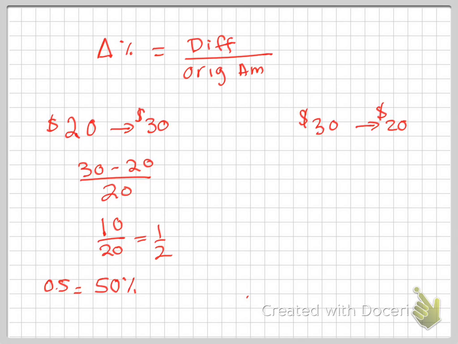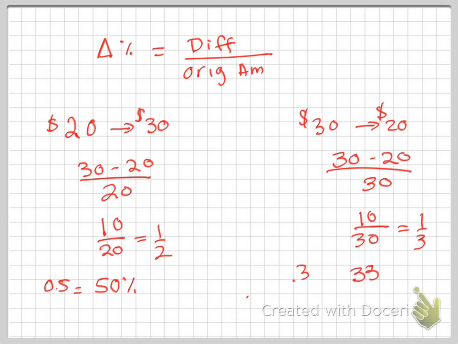And then when we did the other one, I did 30 minus 20 over 30. And then 10 over 30 equals 1/3. And then into the decimal is 0.33 repeating, and as a percent, 33 and 1/3%, because it's repeating.